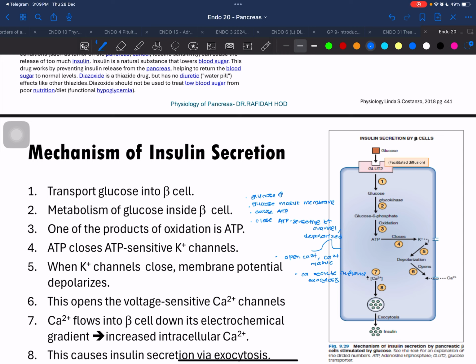Once the calcium enters the cell, it causes an increase of intracellular calcium inside the beta cell. Once that happens, it causes insulin secretion via exocytosis. So insulin is released into the blood circulation.